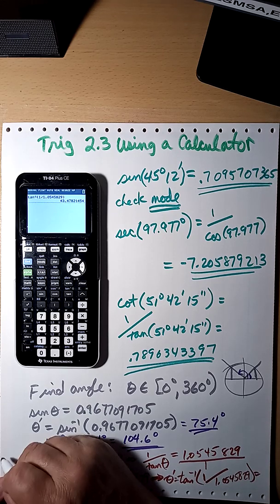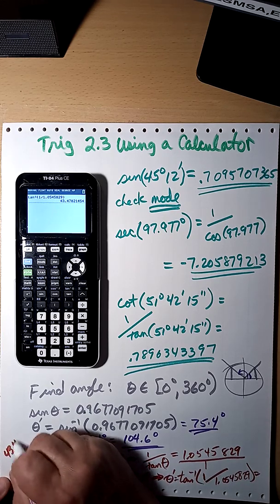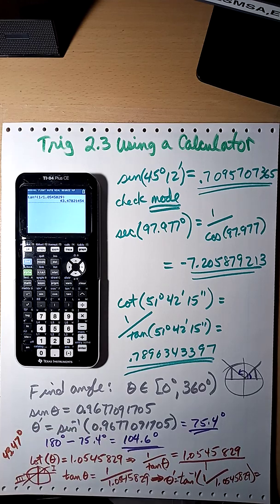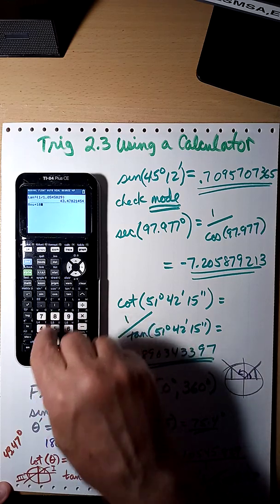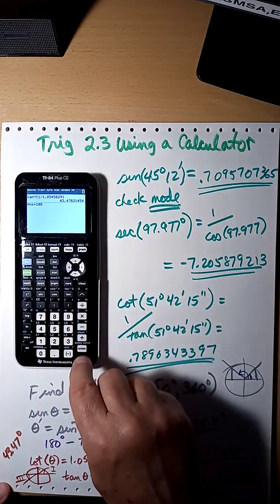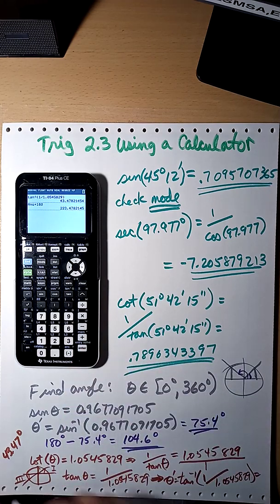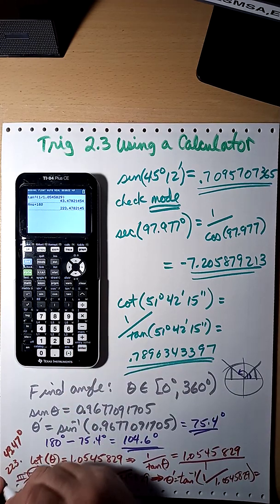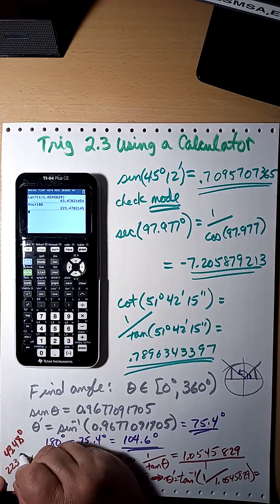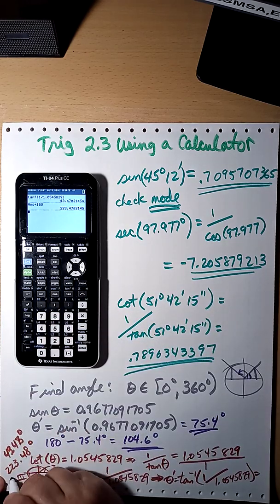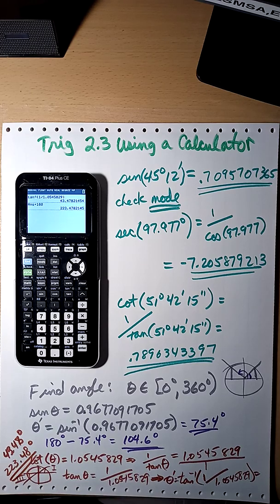I'm going to put that over here. 43.47 degrees. Now, how do I find the one in the third quadrant? I don't subtract it this time. I add it to 180. So I just need to say plus 180. And I get 223.48 degrees. Those would be those two.